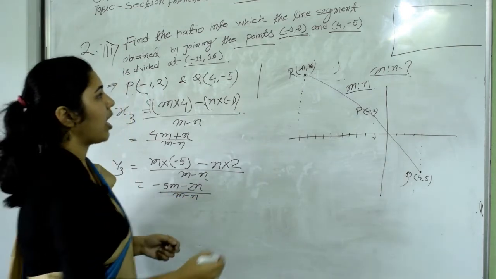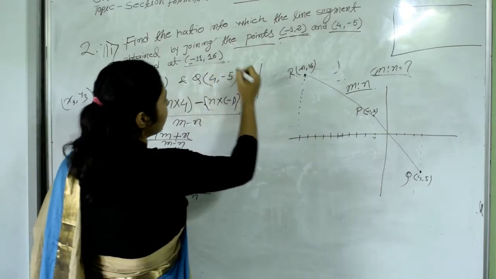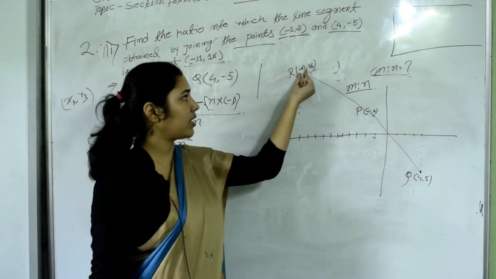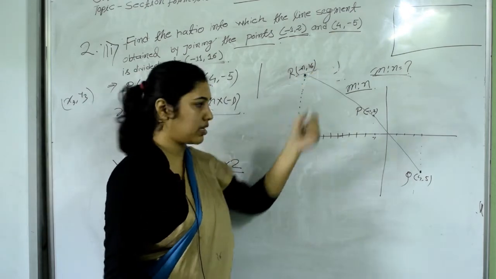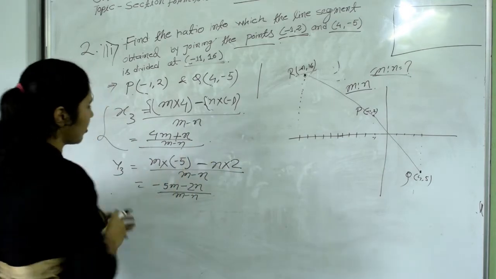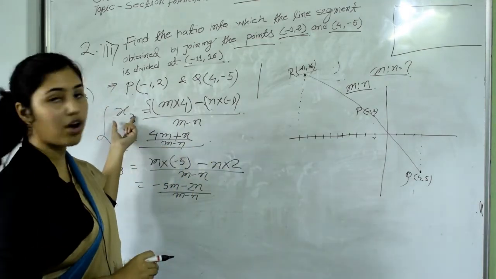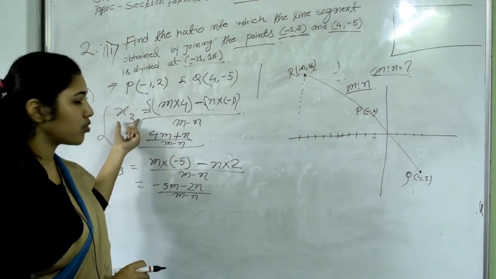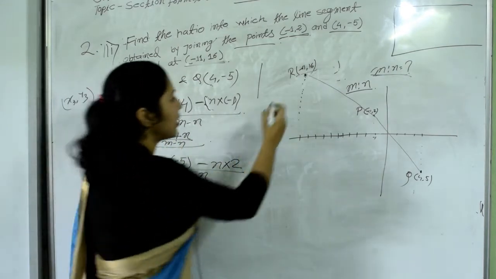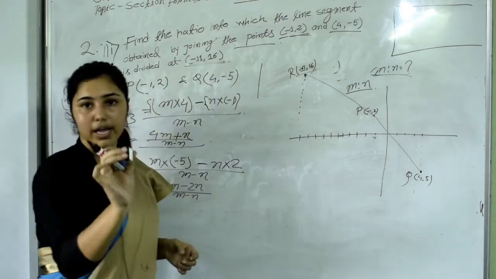Now the coordinates of the point R are given, right? -11 and 16. And from here we get the value of x3, the x coordinate, is 4m plus n by m minus n, but here our x coordinate is -11.